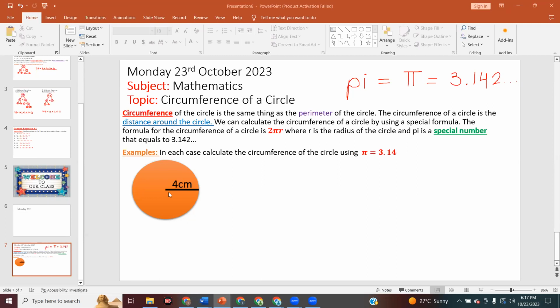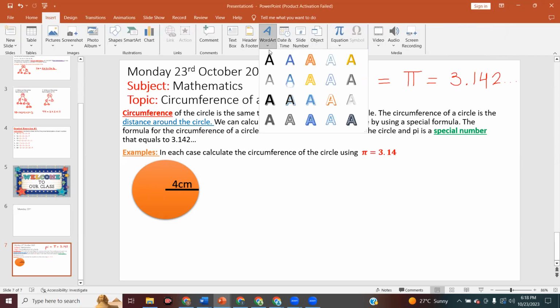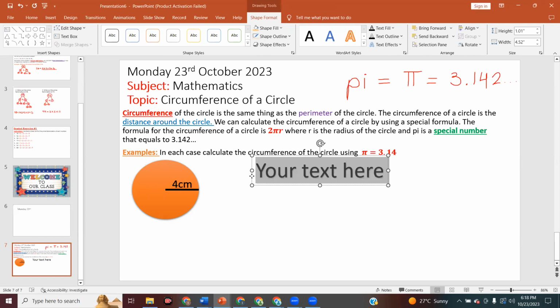Yes, Claremont? The circumference is 16 centimeters. That's what you got, 16 centimeters? All right. So how did you get that? Go ahead, Claremont, how did you get 16?